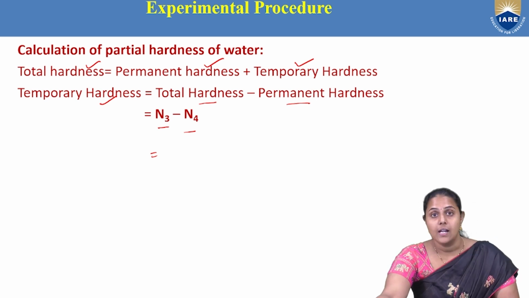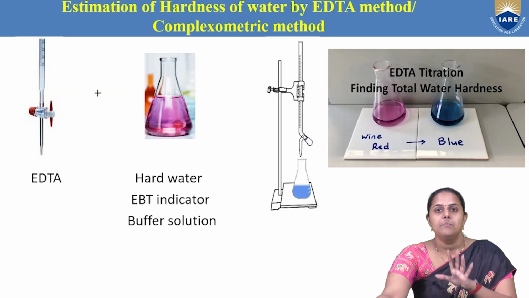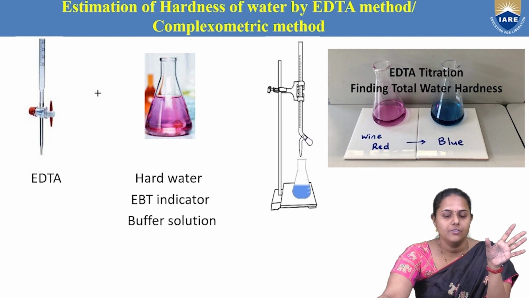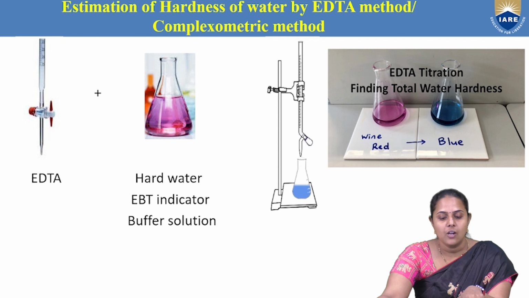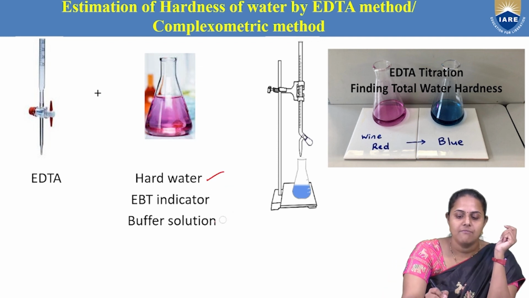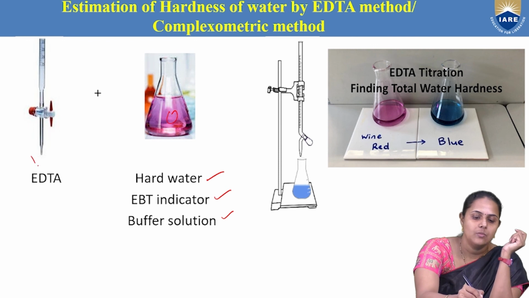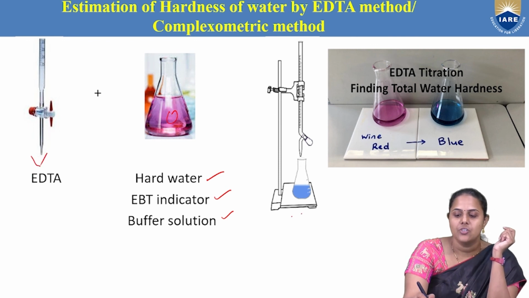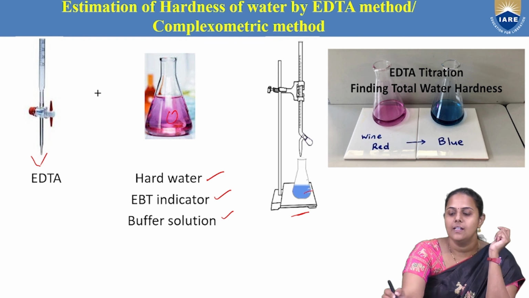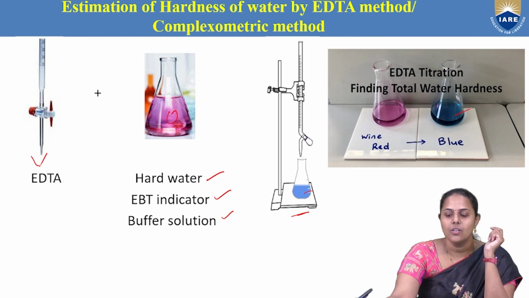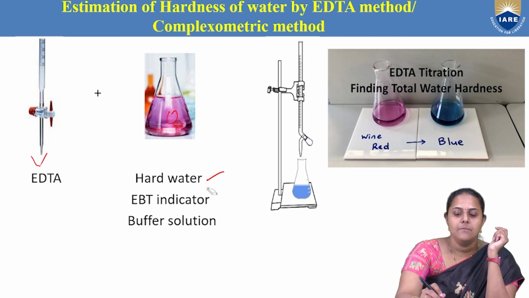Okay, hope you all understood. Let me give a brief recap. Hard water sample, EBT indicator and buffer solution: wine red color is obtained. We will titrate it with EDTA. Blue color solution is obtained at the endpoint.